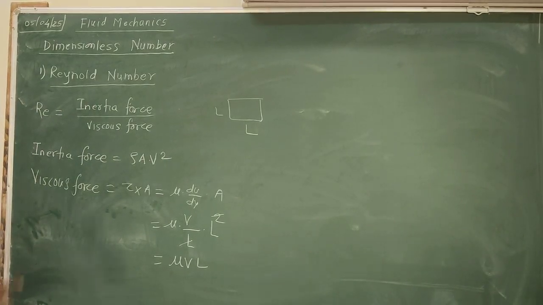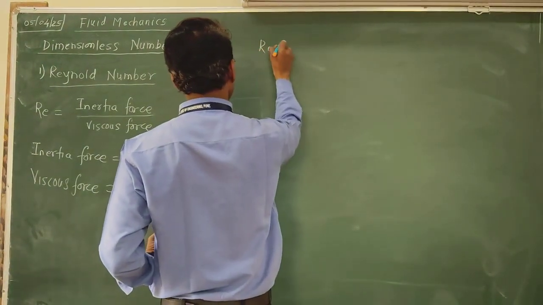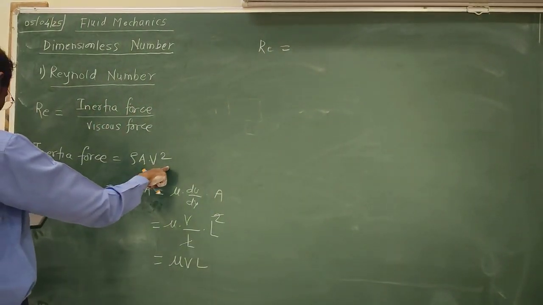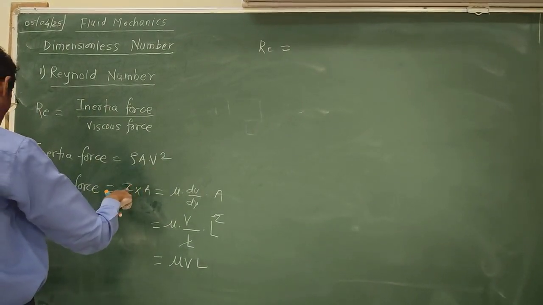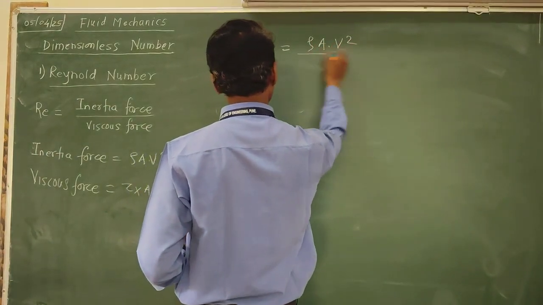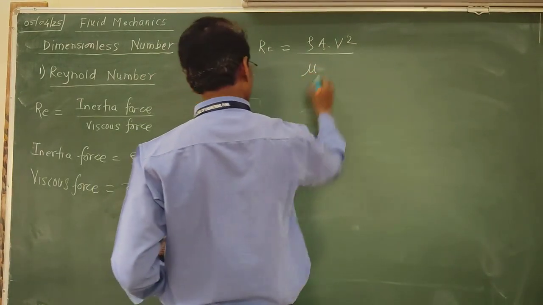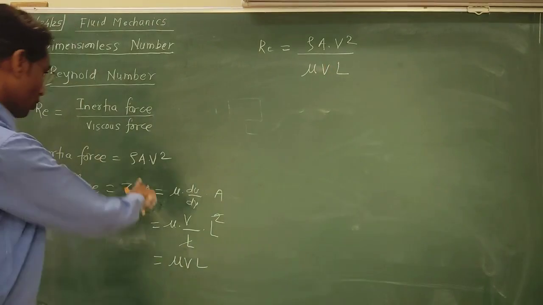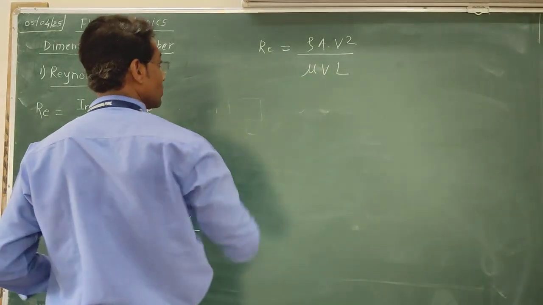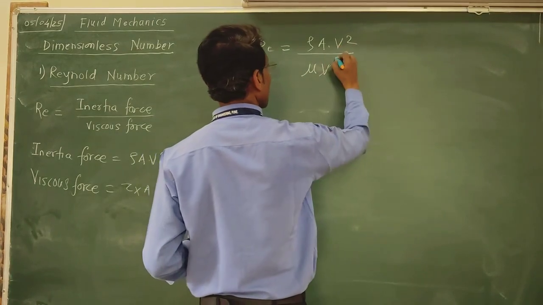Now we will take the ratio. We will put the inertia force, that is rho A V square, divided by the viscous force, mu V L. In this case, one velocity V will get cancelled.